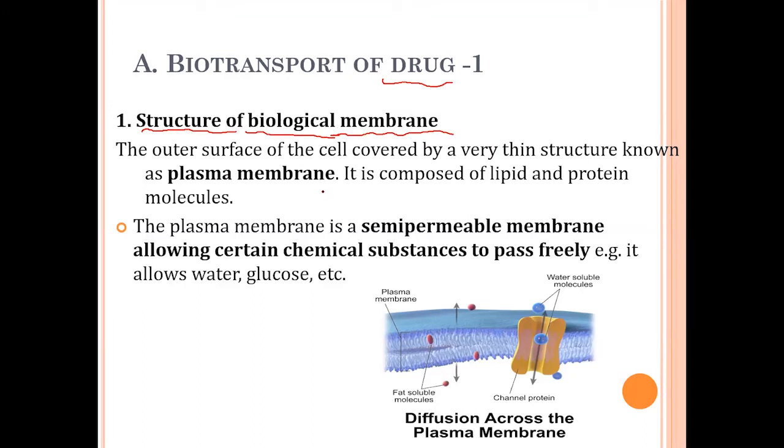When we talk about the body cells, we say they are covered by the membrane. And inside the cells, we have the nucleus. And we also have a liquid part, cytoplasm. The cell membrane we also can call plasma membrane.